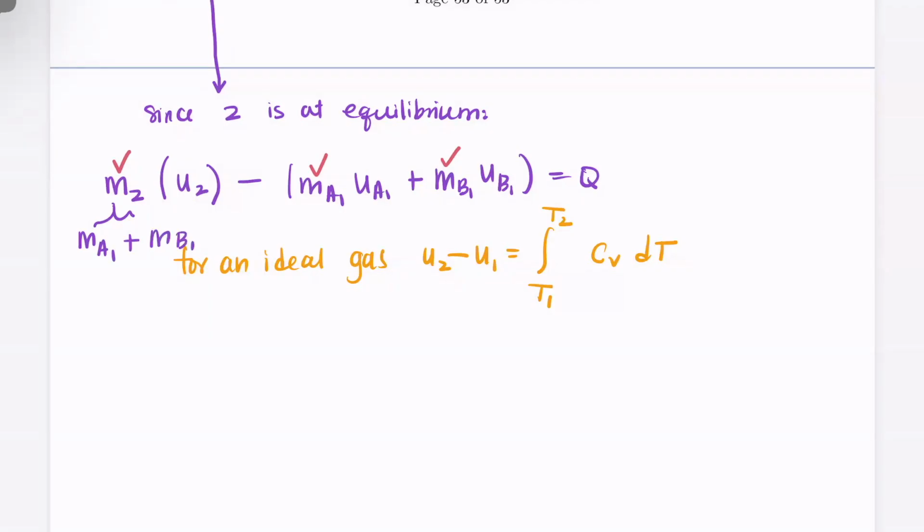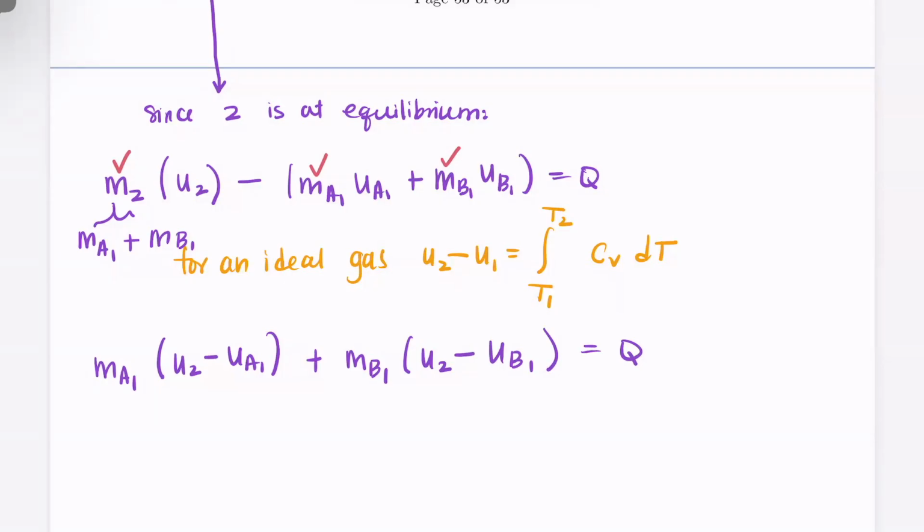So our final mass is just the sum of the masses in tank 1 and tank 2 at the start. And I'm going to factor this by MA1 and by MB1. So I have U2 minus UA1, and then U2 minus UB1 is equal to Q. Is that okay for everybody?